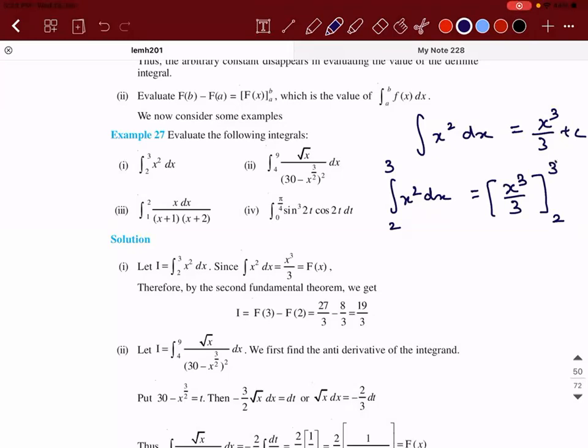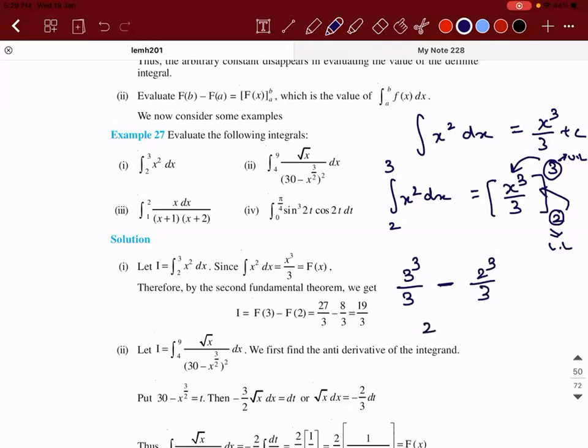This is called the upper limit and this is called the lower limit. You substitute the upper limit in place of the independent variable, so I get 3 cubed by 3, minus, upper limit minus the lower limit, 2 cubed divided by 3.